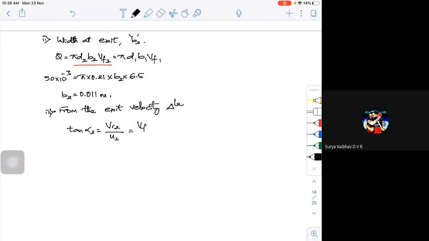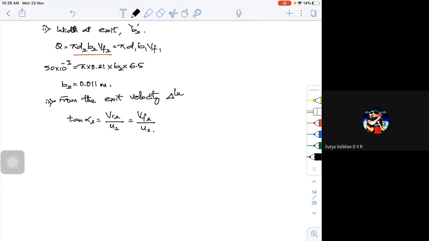Then alpha 2 is equal to tan inverse of VF2 divided by U2. Substituting, VF2 is given in the numerical as 6.5 and we have calculated U2 as 10.74. So if I substitute, I am getting my alpha 2 as 31.18 degrees.